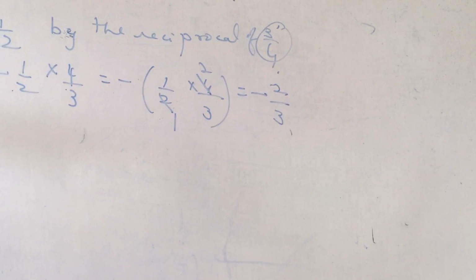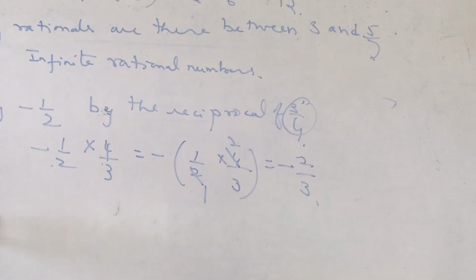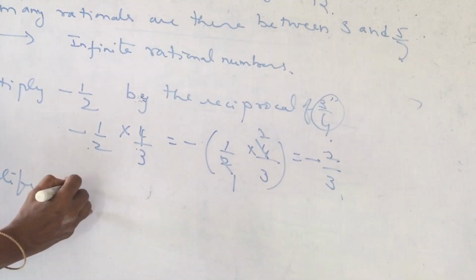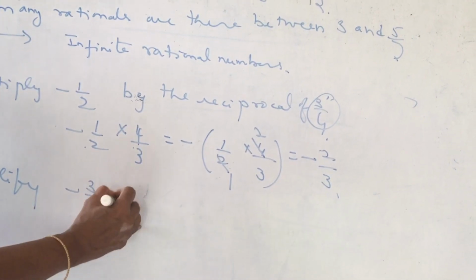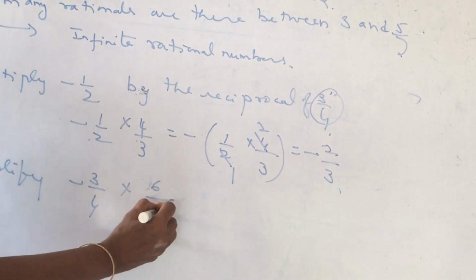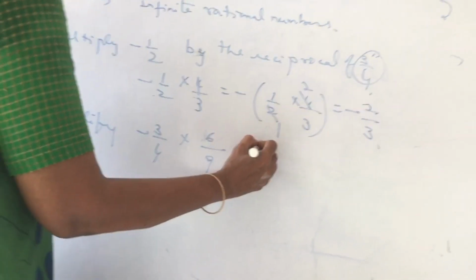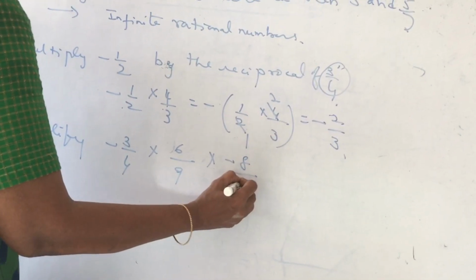Simplify. Minus 3 by 4 into 6 by 9 into minus 8 by 12.